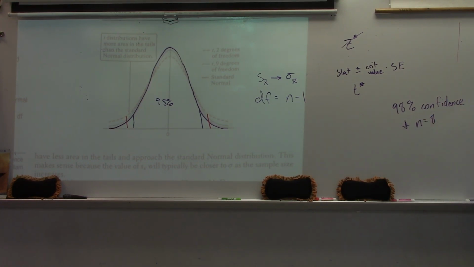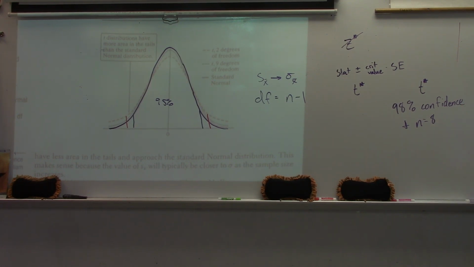Okay? So, what do you already know based on last unit that could help us find the critical value? Which am I going to use, Z here for my critical value? What am I going to use? T star, right? I'm going to use a T critical value now. So I want 98% confidence, with a sample size of 8.